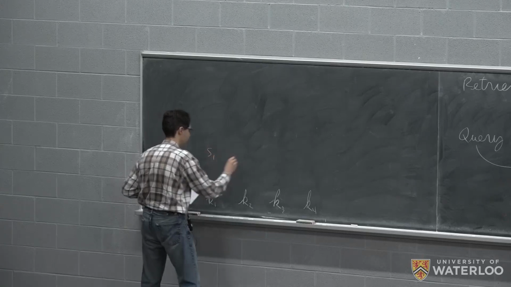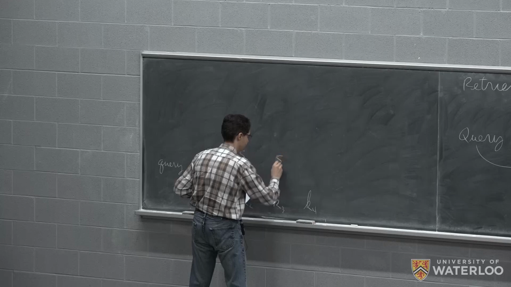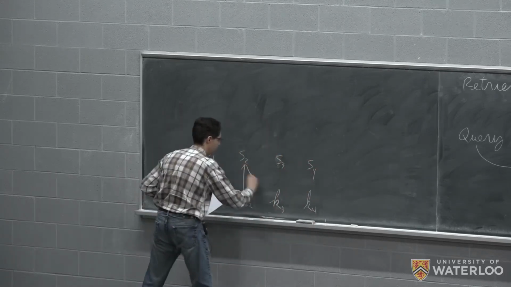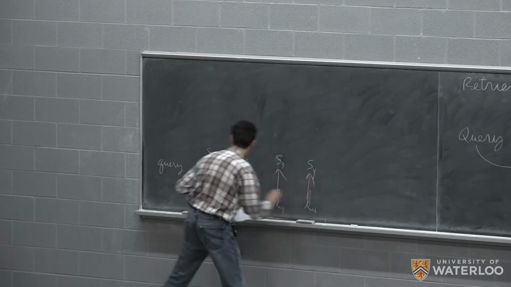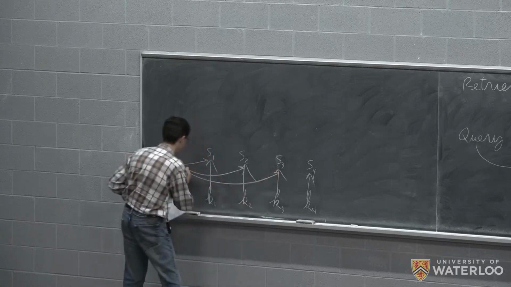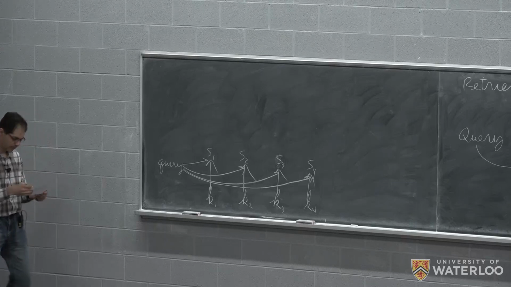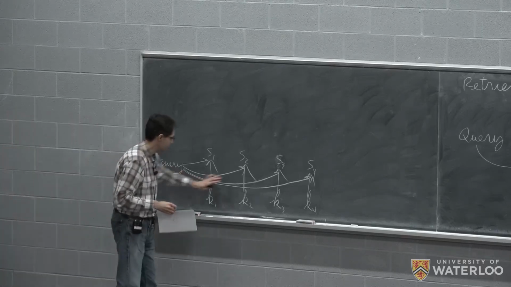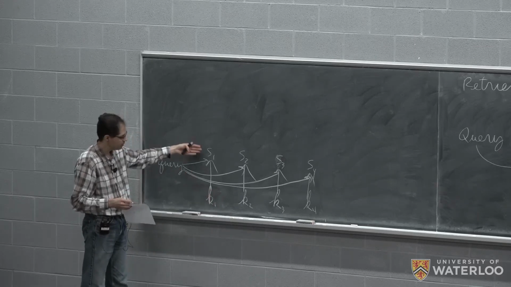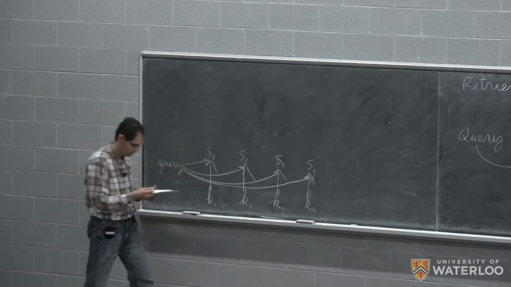And let's have S1, S2, S3, and S4. Now, query is going to influence the computation of each one of those things. So here what I've drawn is a first layer where, starting with the keys, I'm going to compute a similarity measure. So these S's correspond to similarity.